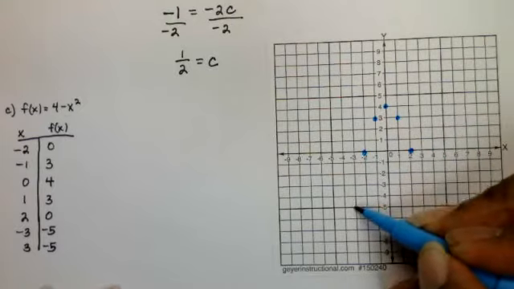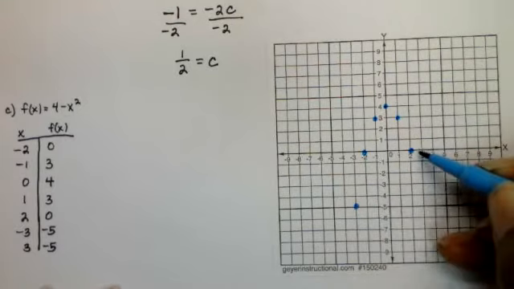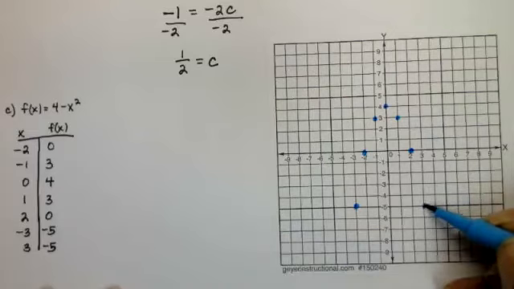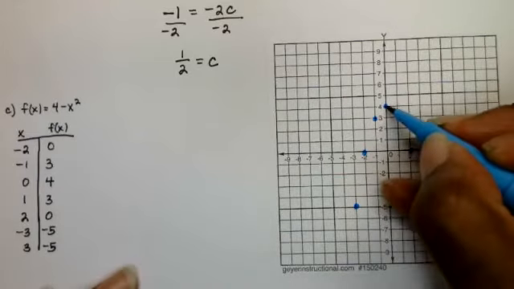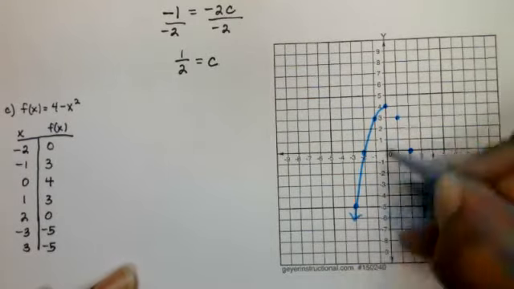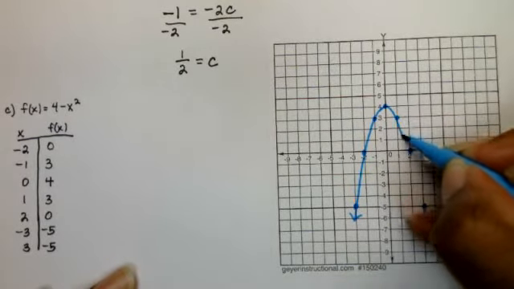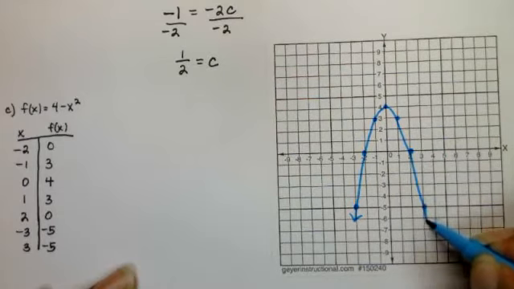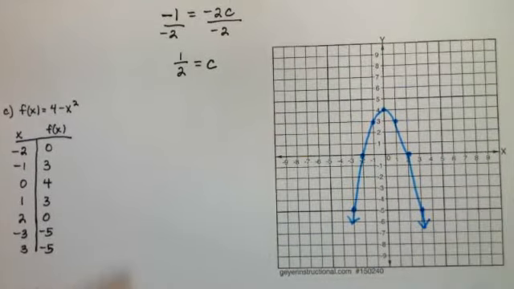Also -3, -5 would be down here. 3, -5 would be down here as well. So pretty much you can see the symmetry here. And the graph is going to look like this. All right, so that's the graph of f of x equal to 4 minus x squared.